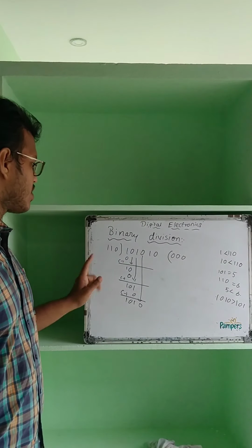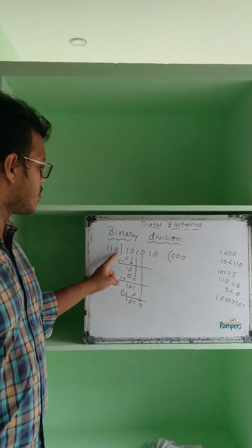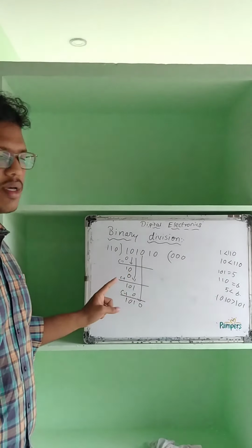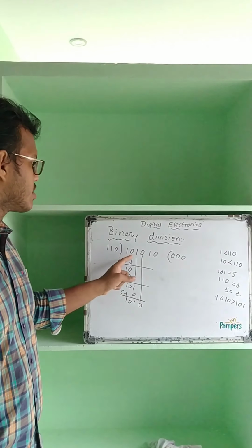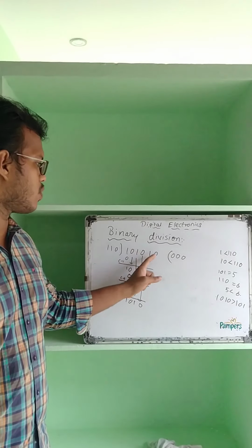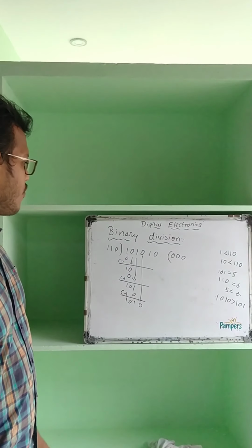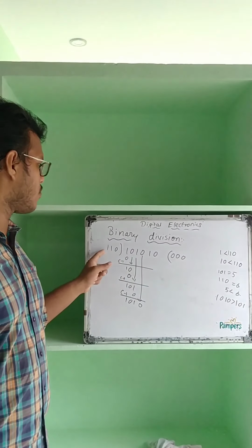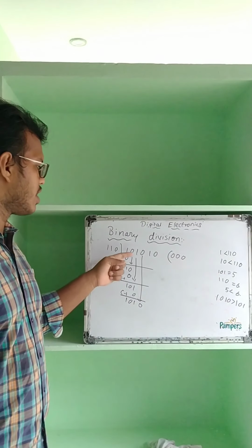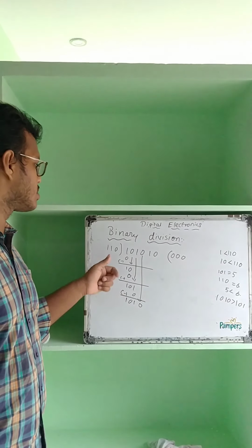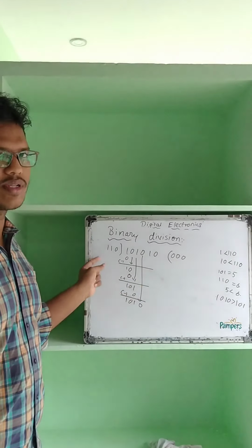So first of all, 110 is dividing this binary number 101010. First check, 1 is less than 110. The first, the MSB, is less than 110.